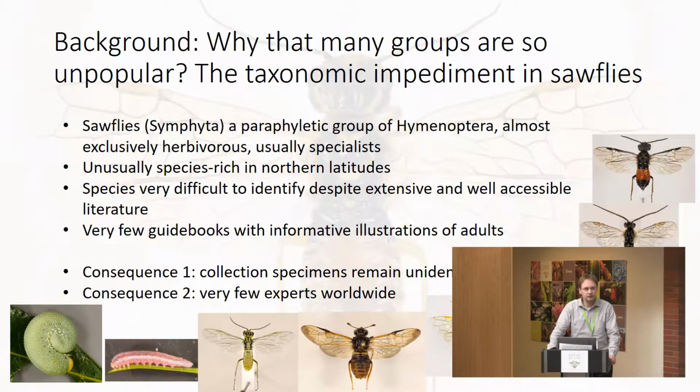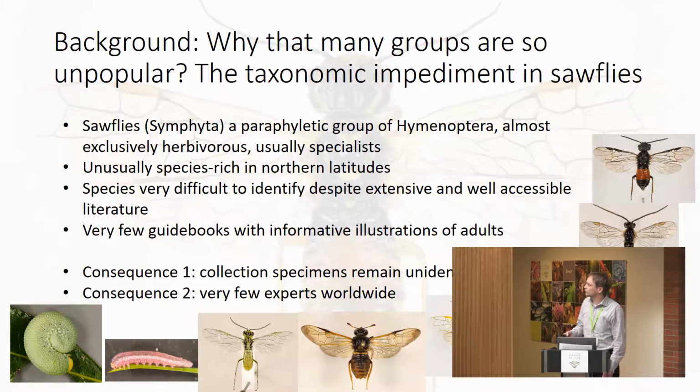Sawflies are easy to identify from all other hymenopterans, like parasitoids, bees and stinging wasps, because they lack the wasp waist that all the others have, and that way they are easy to identify to that level.